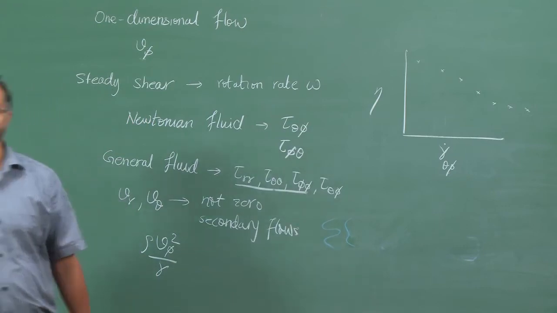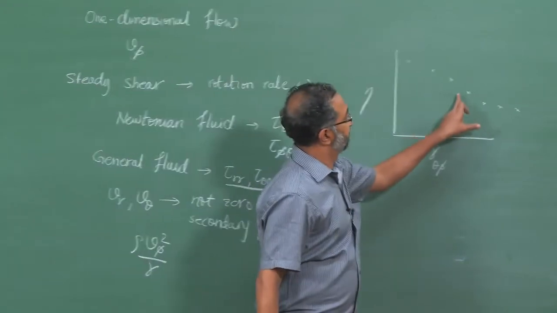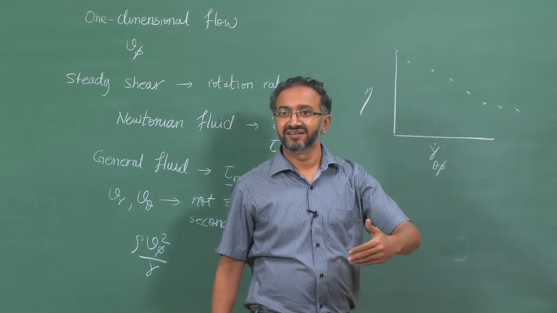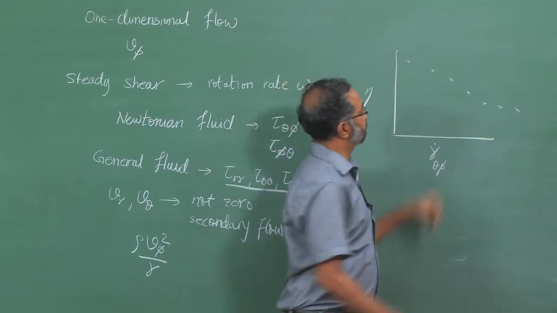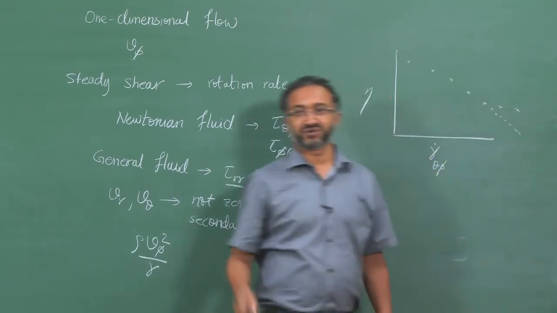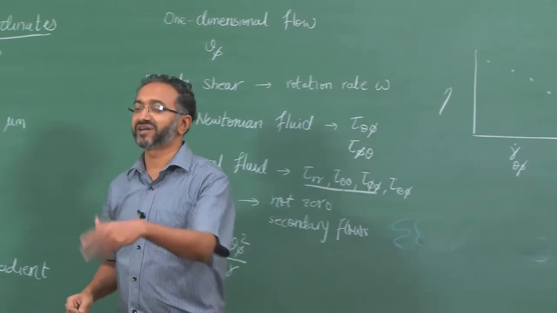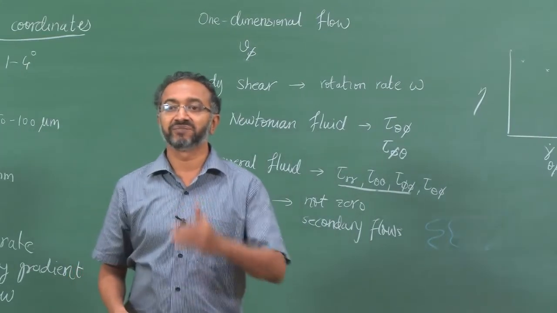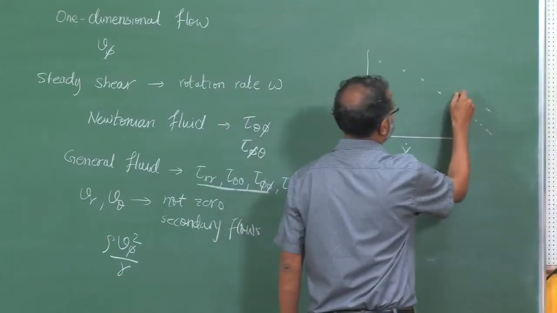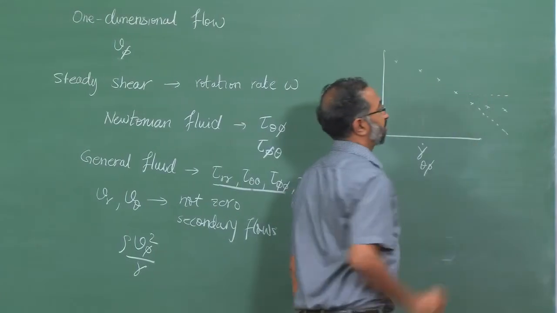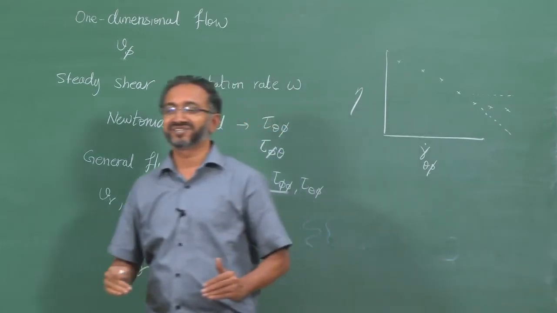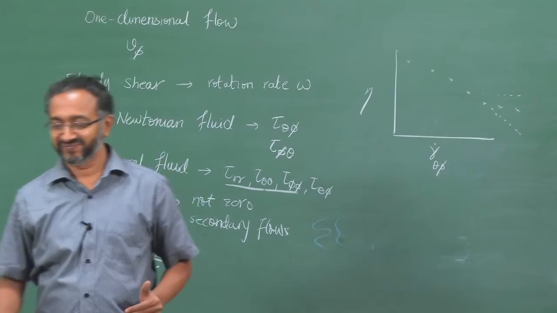So, now the question is, this viscosity seems to be flattening out, right. Is this real? Am I measuring this viscosity to be higher, though actually the viscosity should have decreased, but because I am getting secondary flows, now I am measuring high viscosity. The other possibility is that the real viscosity should become a constant, but because the fluid is getting thrown out, I am somehow getting lower viscosity. So, how do we examine?